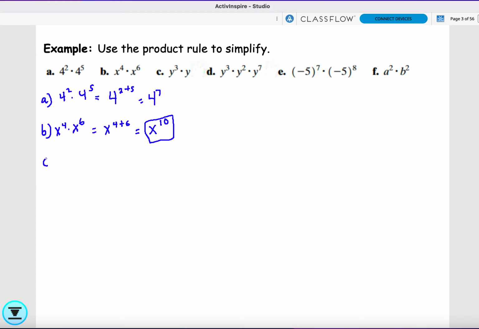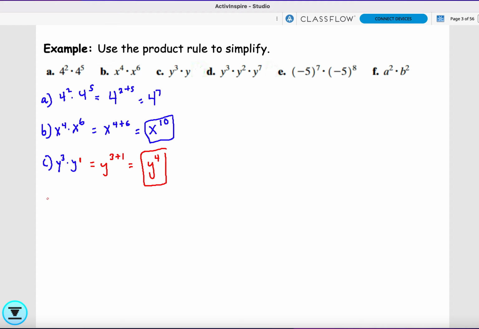C. You have y to the 3rd times y. When you have a letter by itself, guys, remember there's an invisible 1 there, so it's y to the 1. So that's the same base, right? The y. So we have the y, and then we add the exponents. 3 plus 1, which is just 4. Y to the 4th.